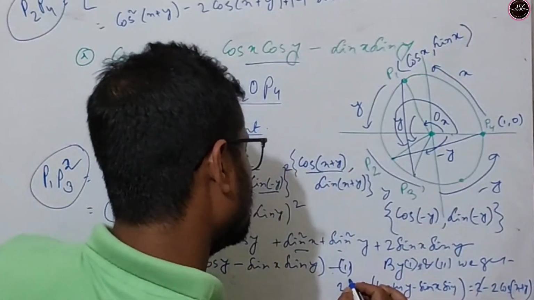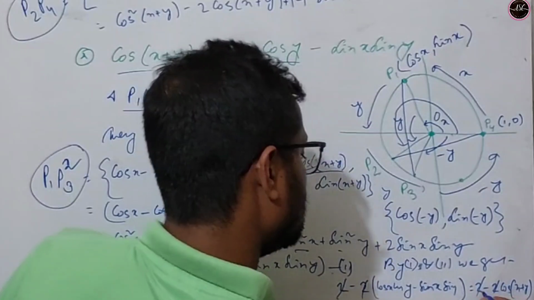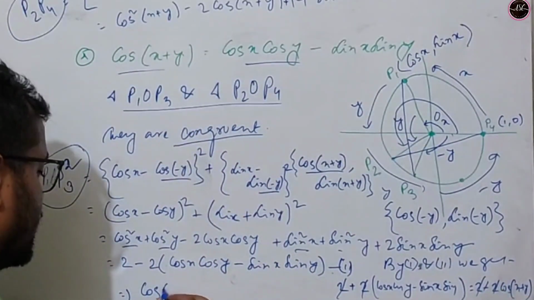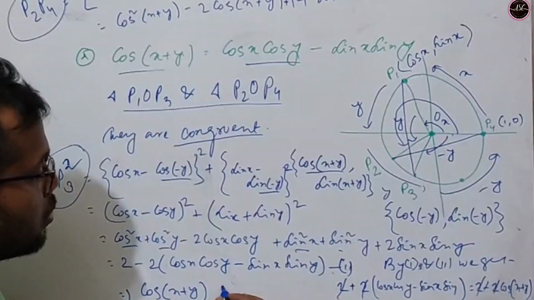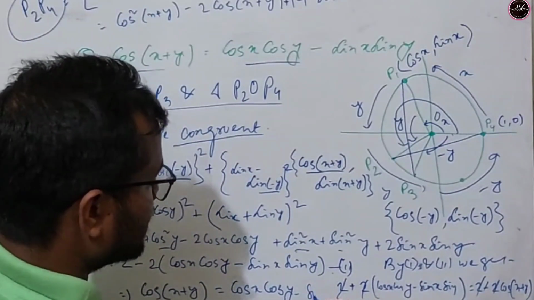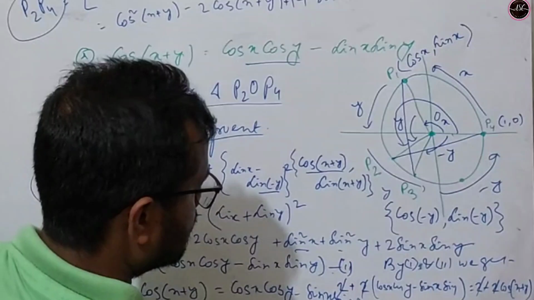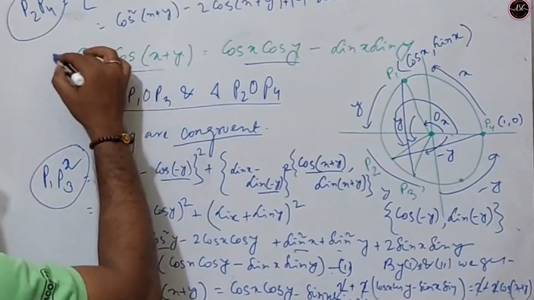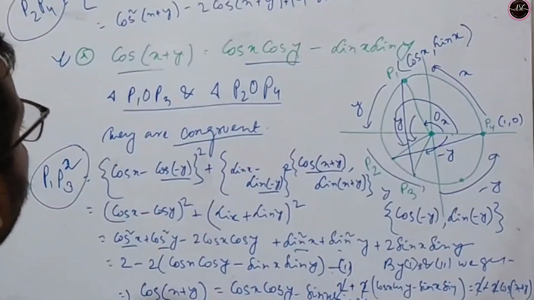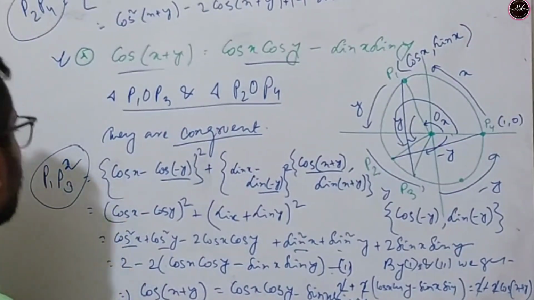By cancelling the 2 on both sides and the minus signs, we get cos of x plus y equal to cos x cos y minus sin x sin y. Okay, so this has been proved. Now we are going to the next formula.